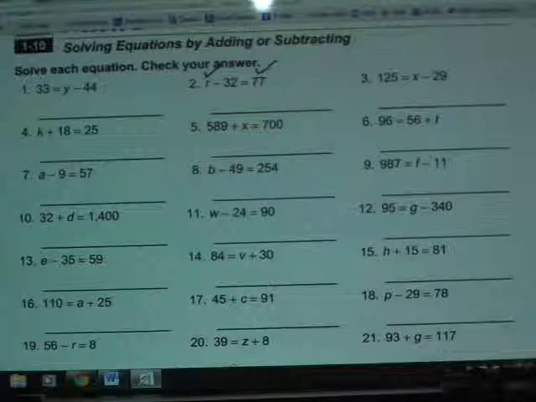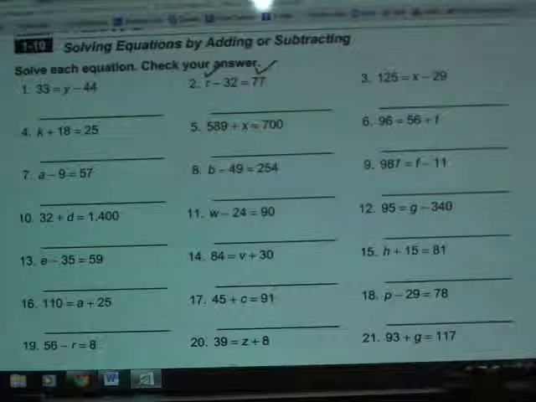So the one troublemaker right now is 32. 32 is going to have to move over to the right side of the equal sign, because he's a number. Well, because 32 has a subtraction sign in front of it, to move that over there, I'm going to have to add 32 to both sides. Again, whenever I want to move something to the opposite side, I do the opposite.